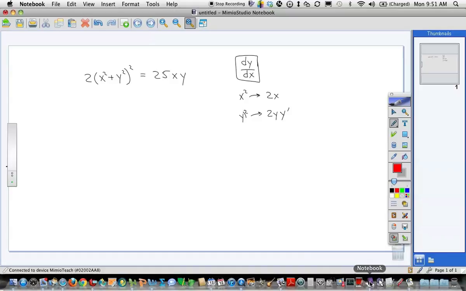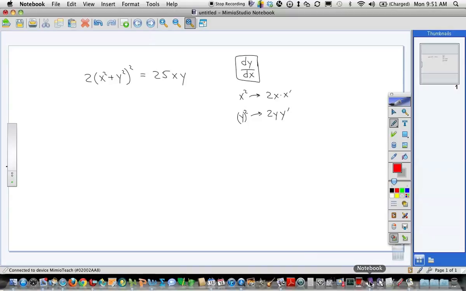It's like I'm saying I've got some stuff squared. Well, the power rule says you bring the 2 down in front, you leave the y alone, that's a 2y, and then you tack on the derivative of the inside. What's the derivative of y? Y prime, or dy dx. So that's why we tack on this y prime. In this problem, we didn't tack on an x prime because what's x prime?